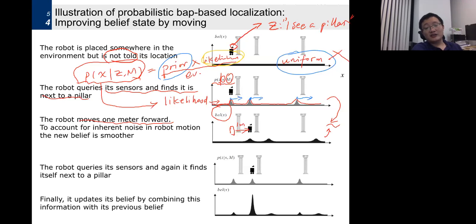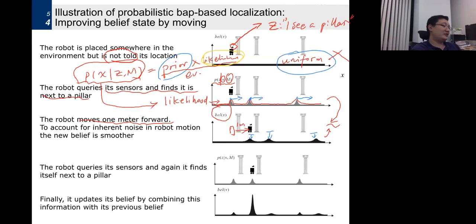Also, the odometry sometimes introduces additional error, which causes further uncertainty, so the height of the peaks will drop. They move to the right, and the height of the peaks drops. That's what you observe.